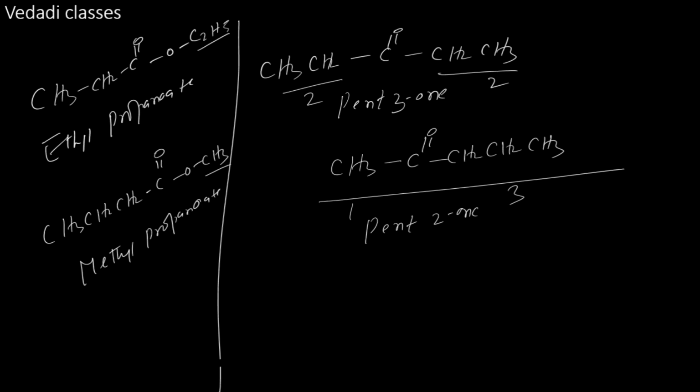Both are esters with the same functional group, and the distribution of the number of carbons in the alkyl groups is 2 and 2, 4 in one case, and 3 and 1, 4 in the other. So these are known as metamerism.